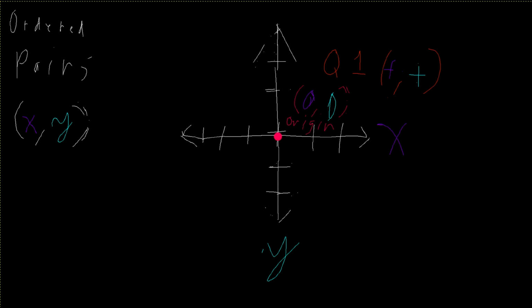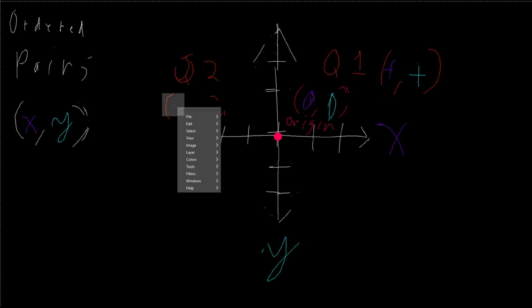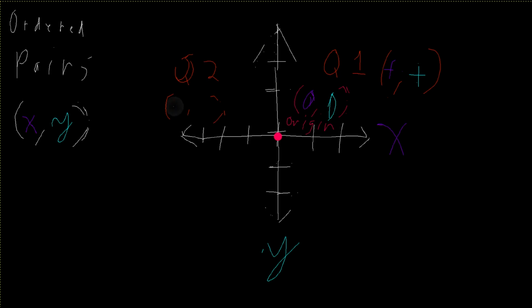Now, when we go to the left, remember I told you guys the quadrants are going to go counterclockwise. So when we go over to the left, we're going to find that quadrant 2 is going to have a negative x coordinate. And it's also going to have a positive y coordinate.